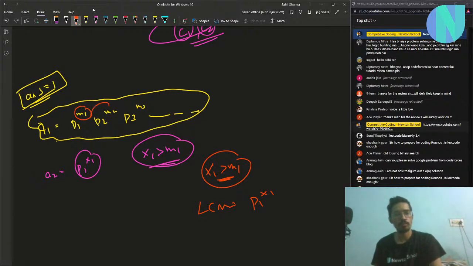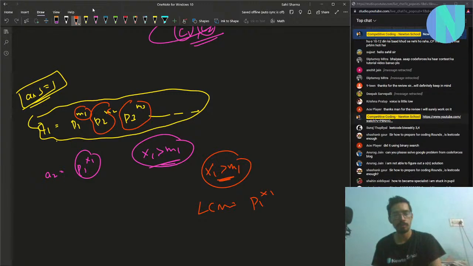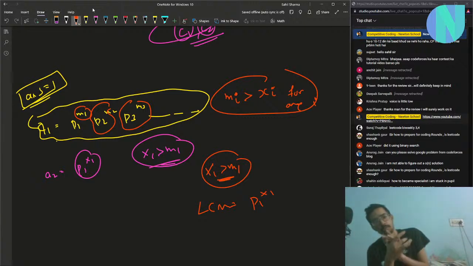So if there is some factor in my a1 such that m,i is more than x,i for any i, that means in my element there's a factor that has the maximum frequency among all the factors, then if I remove this element, my LCM will be affected, obviously.